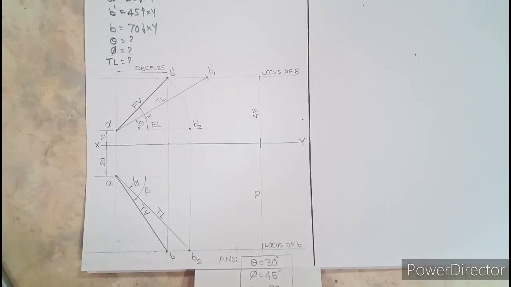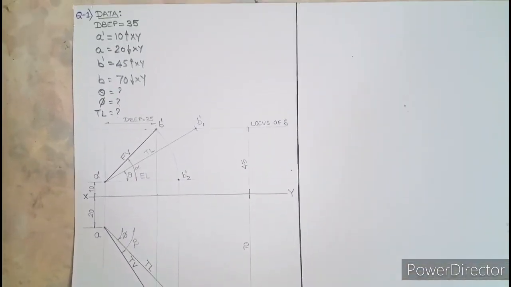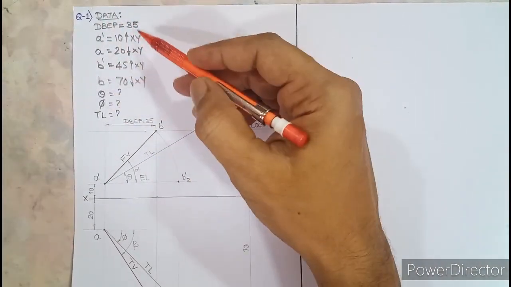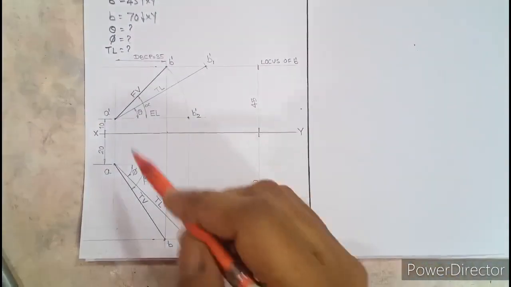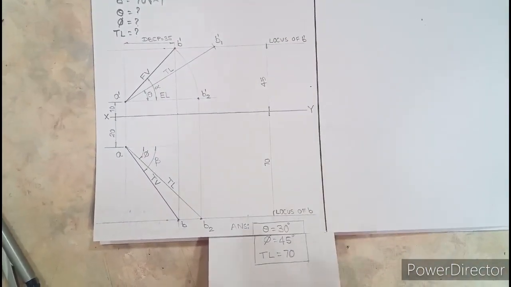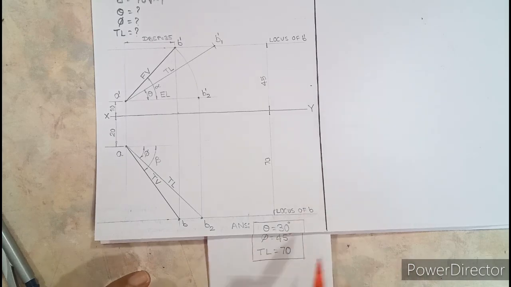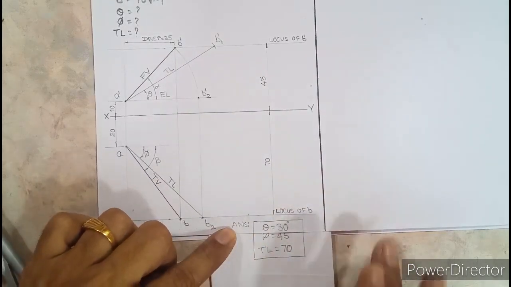You can have a look at this. On top, write the data, plot your answer. Top view, front view should be dark, true length medium dark, and the final answer you need to put inside the box neatly like this.